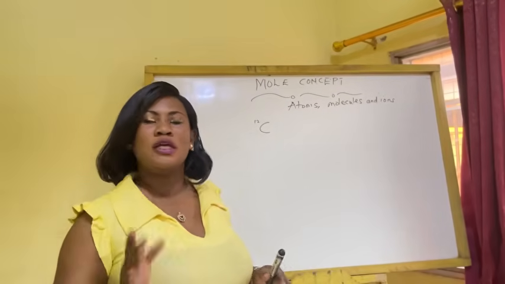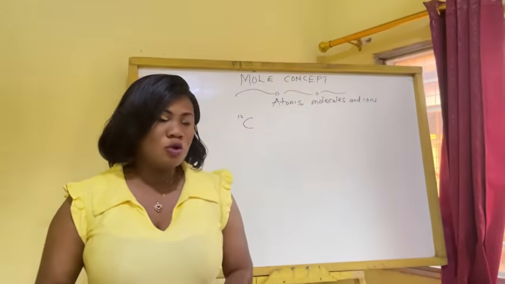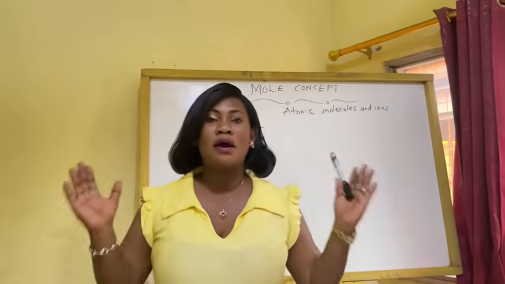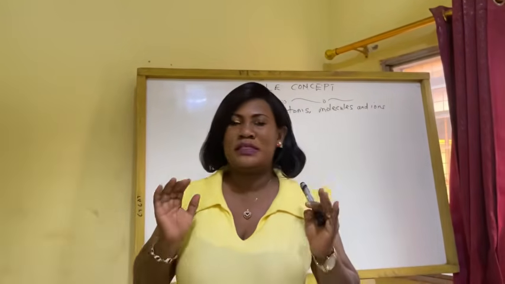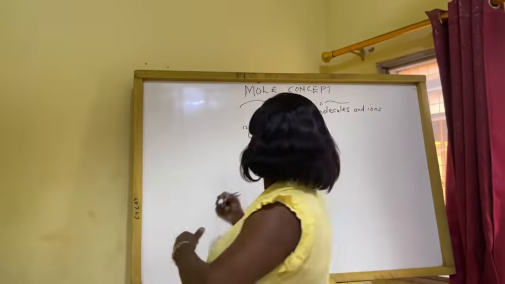So the mole is compared to the carbon-12 atom. Under the mole concept, the first quantity we want to look at is the mole. So the mole of the substance, which is termed as the amount of substance.